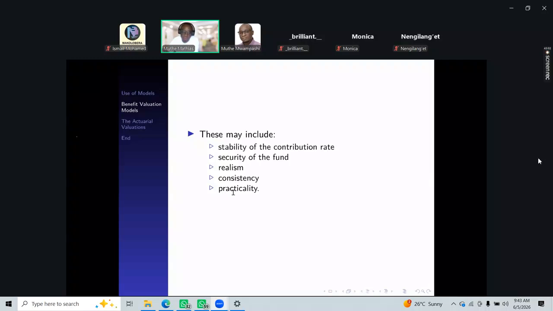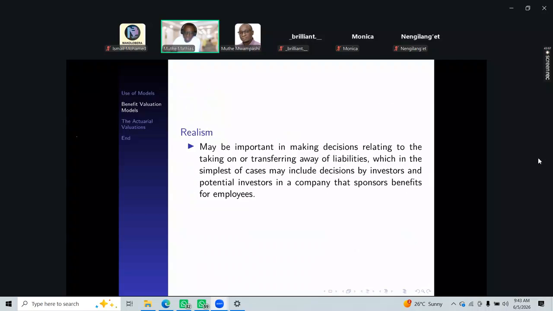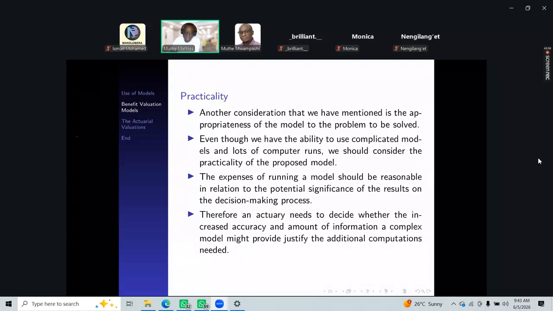And then of course we have practicality here. So practicality is more about how practical that model is. And I think the other thing which we typically consider here is cost effectiveness, right? Because remember, when running or implementing these models, sometimes you might need resources, right?